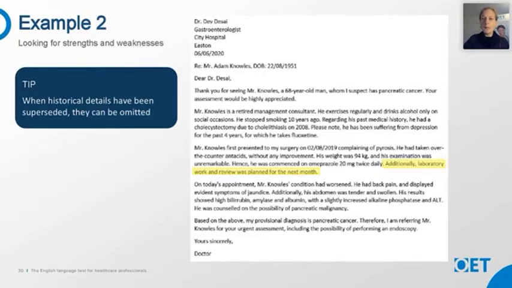So which of those 3 topics that I've just mentioned would you say was most important to the reader? Putting yourself again in the reader's shoes, knowing this is an urgent situation, is the background information about the patient most important? Is the information about the patient's first visit most important? Or is information about the patient's appointment today most important?